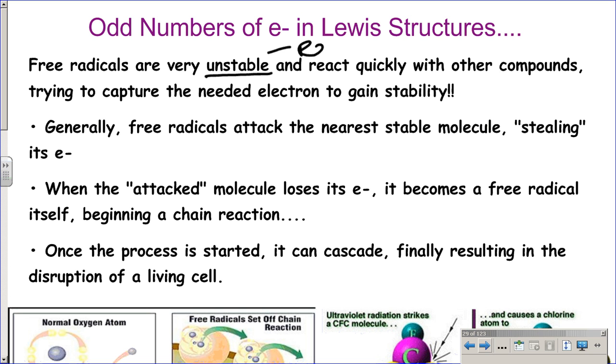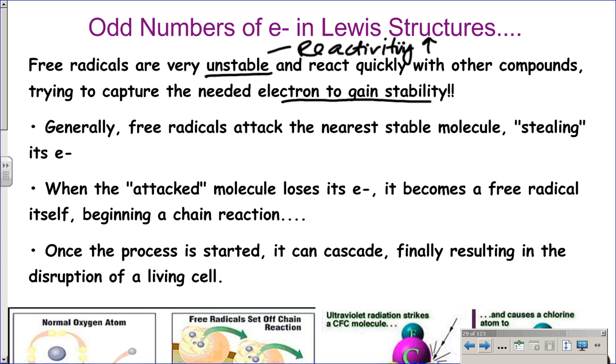Unstable meaning very reactive. So if the reactivity is high, that means it's going to try to steal another electron or give away its electron to another molecule. So it will try to capture the needed electron to gain its own octet or its own stability. So it's going to try to steal its electron, or it can also donate or share.